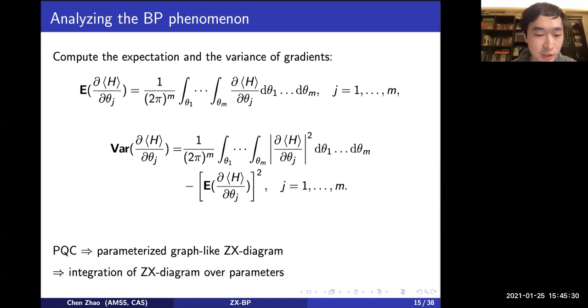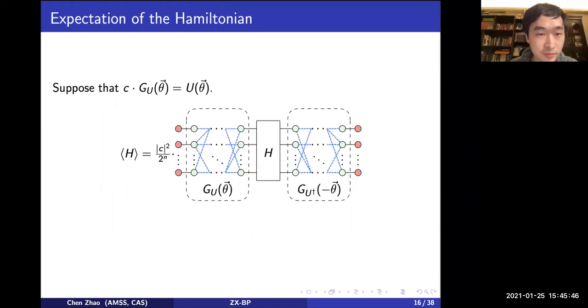So the routine is that we will first convert the parameterized quantum circuit to a parameterized graph-like ZX diagram, and we will integrate the ZX diagram over parameters. So first, we will represent the expectation of the Hamiltonian as a ZX diagram.